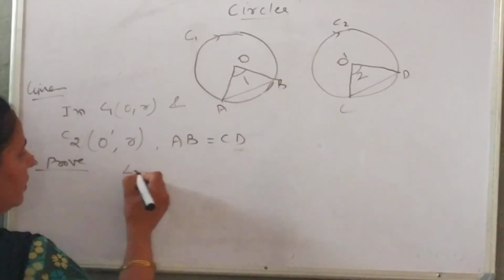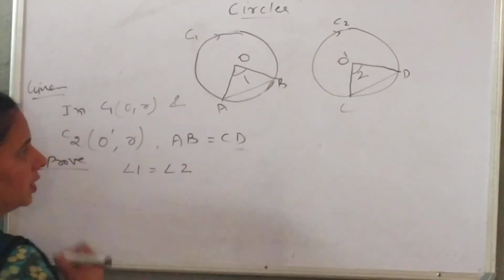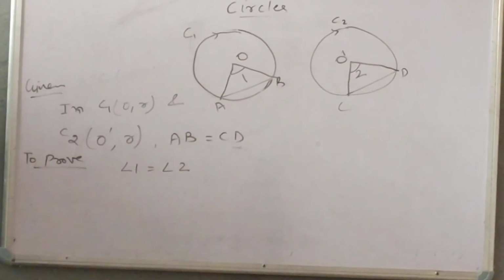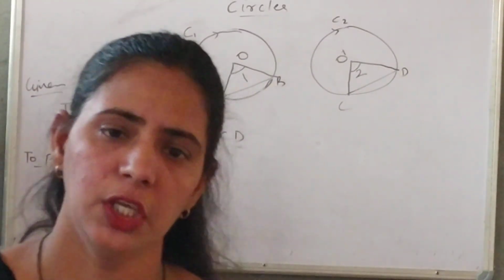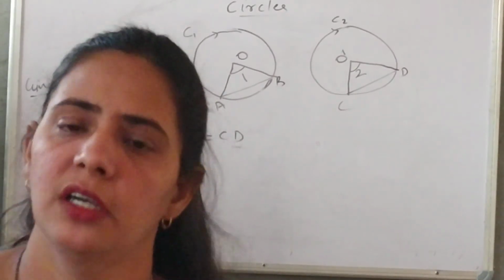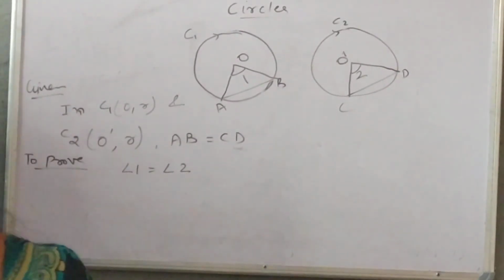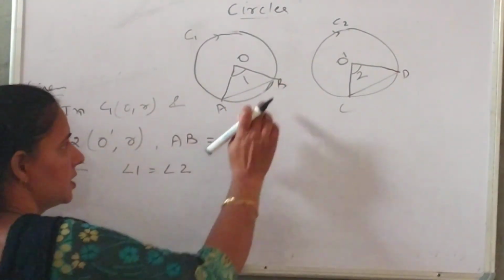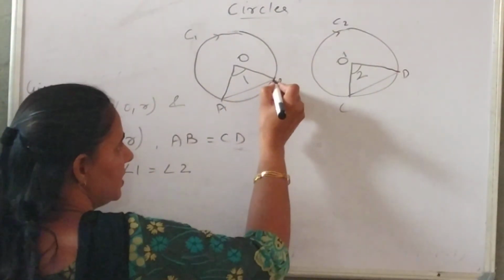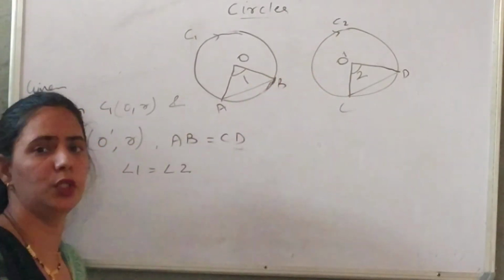We are to prove angle 1 is equal to angle 2. These circles are given congruent, chords are given equal, and we have to prove angle 1 is equal to angle 2. Again, same concept. If we prove these two triangles are congruent, then by CPCT we can say angle 1 is equal to angle 2.